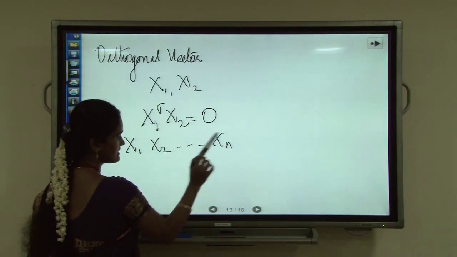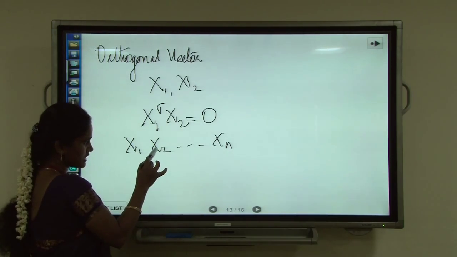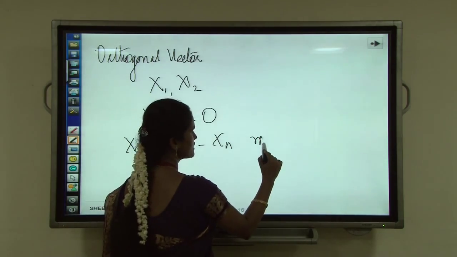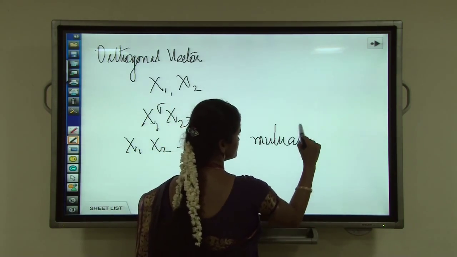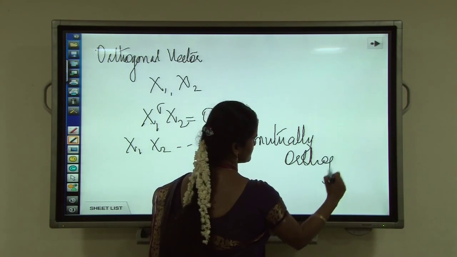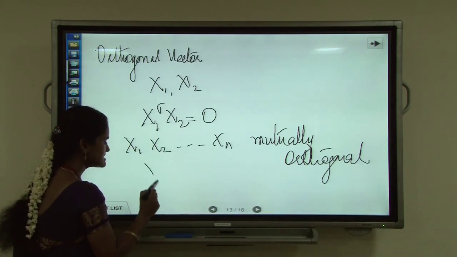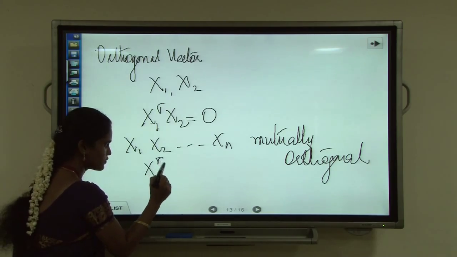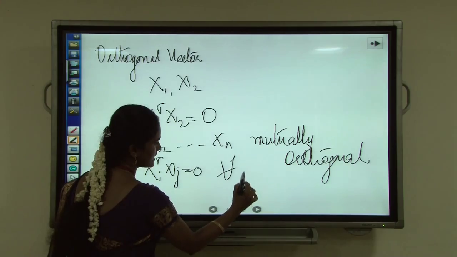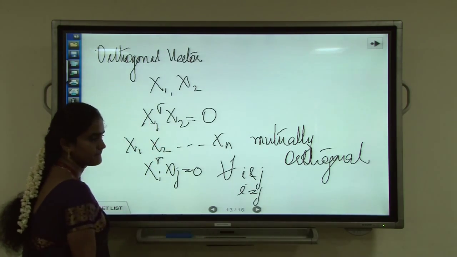When can you say that they are mutually orthogonal? x1 is orthogonal to x2, x2 is orthogonal to x3, and so on; we call it mutually orthogonal to each other. In that case, xi transpose xj is equal to 0 for all i and j, where i is not equal to j.